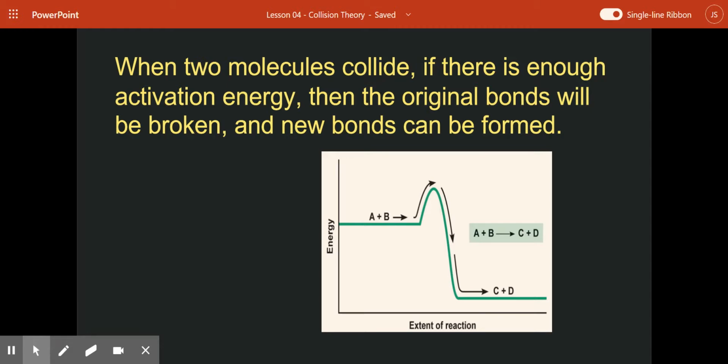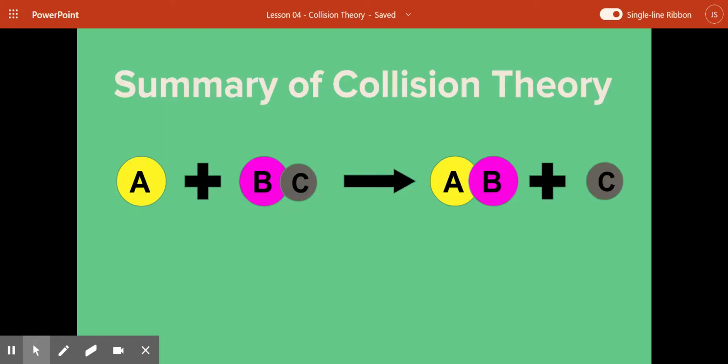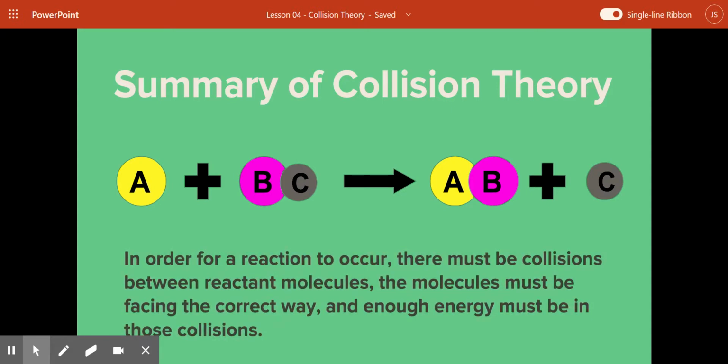The particles between water and sodium were colliding with enough energy in the right orientation to have the chemical reaction happen. So once again, in order for a reaction to occur, there must be collisions between the reactant molecules here before the arrow. The molecules must be facing the correct way, and there must be enough energy for those collisions to happen so that the reaction actually occurs.